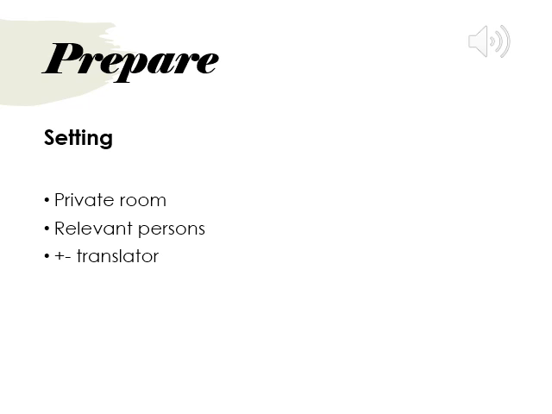So the next thing to prepare is the setting and the environment for you to break the bad news. It should ideally be done in a private room with all the relevant persons involved in the care of the patients. So you should call in the supporting staff and also your colleagues from other teams. They are able to give more information related to their field.